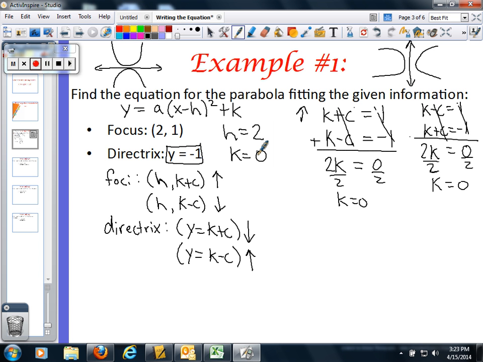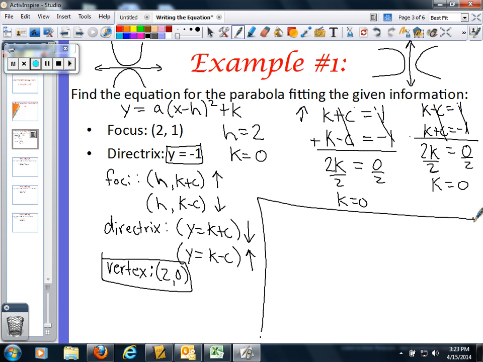Alright? So now I have a vertex at (2, 0). This is an important piece of information for my formula, which means I have h and I have k. The only thing left I have to find now is going to be a. Okay?